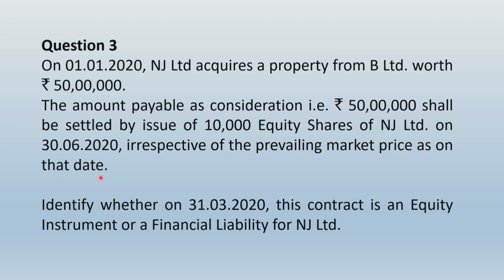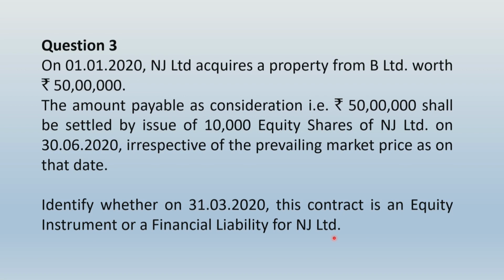So the number of shares to be issued is not dependent on the market price of these shares. A fixed number of shares will be issued for settlement of a fixed amount, and as at 31st March 2020, the question is focusing on how you would treat this in the books of NJ Limited.